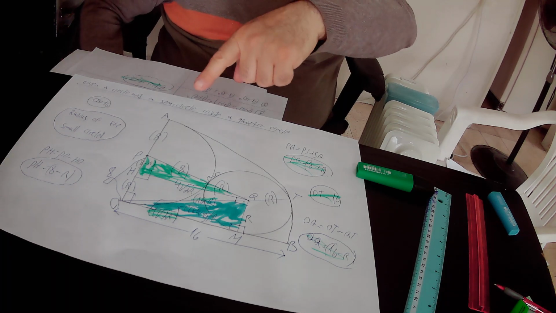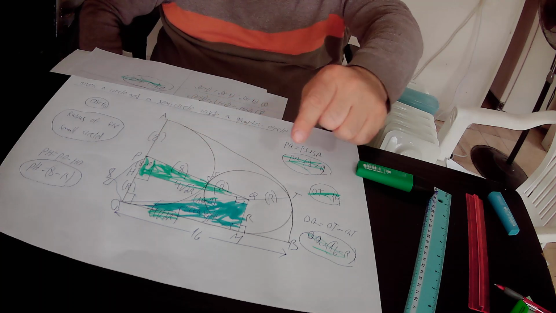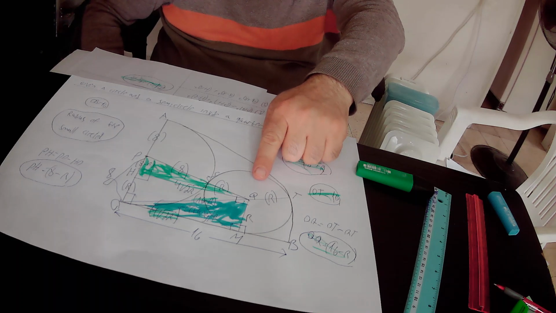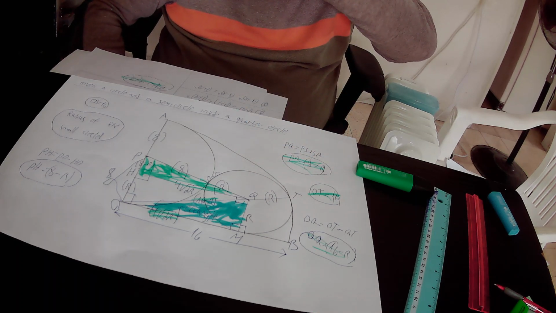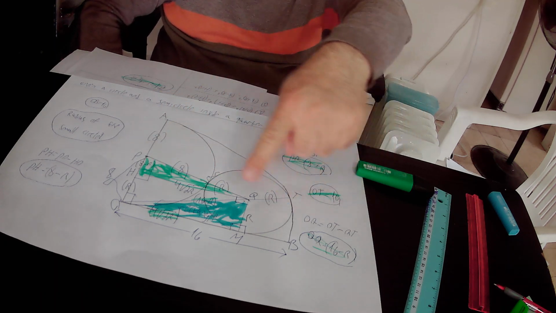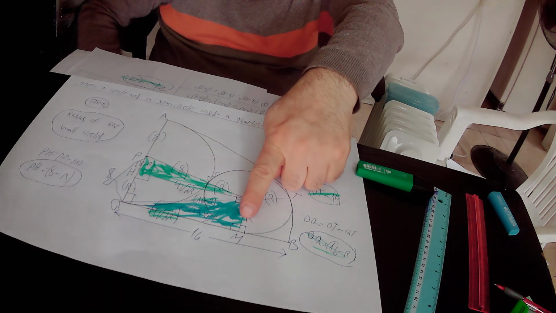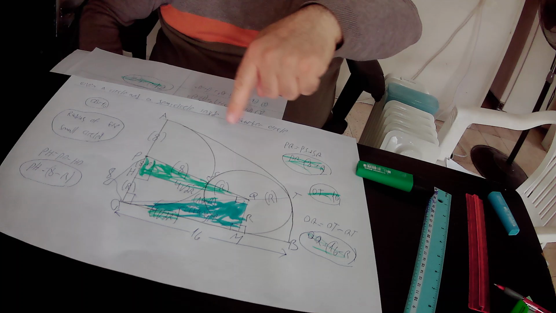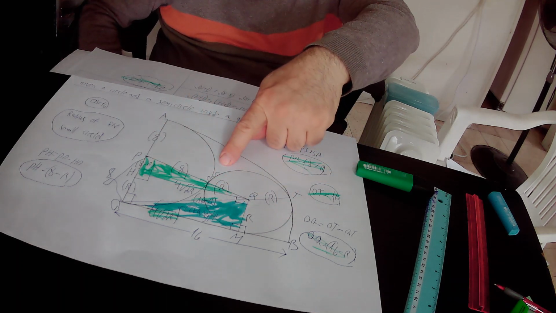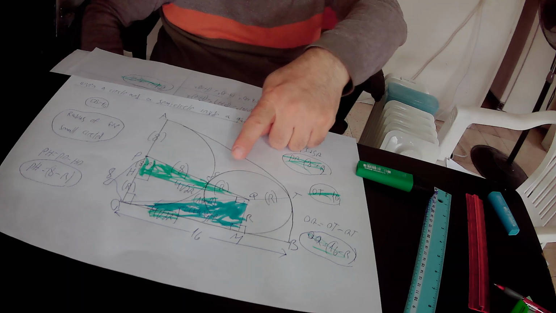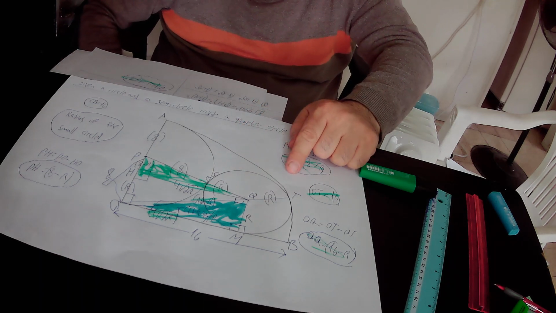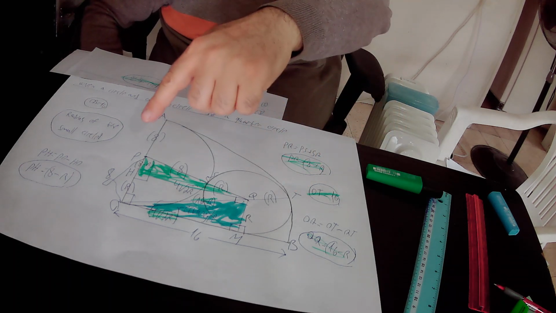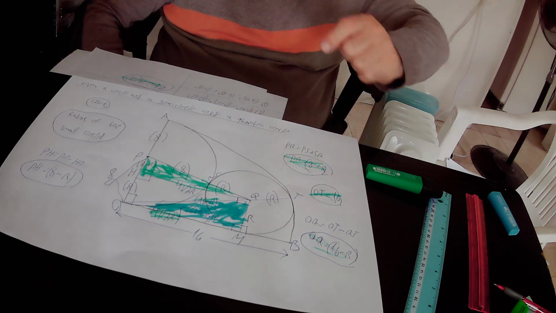We defined the center of this semicircle as P. We defined the center of this small circle as Q. We defined the point of tangency of tangent OB with this small circle as point M. We defined the touching point of this semicircle with this small circle as point S. And finally, we defined the point of tangency of this small circle with this quarter circle as point T.